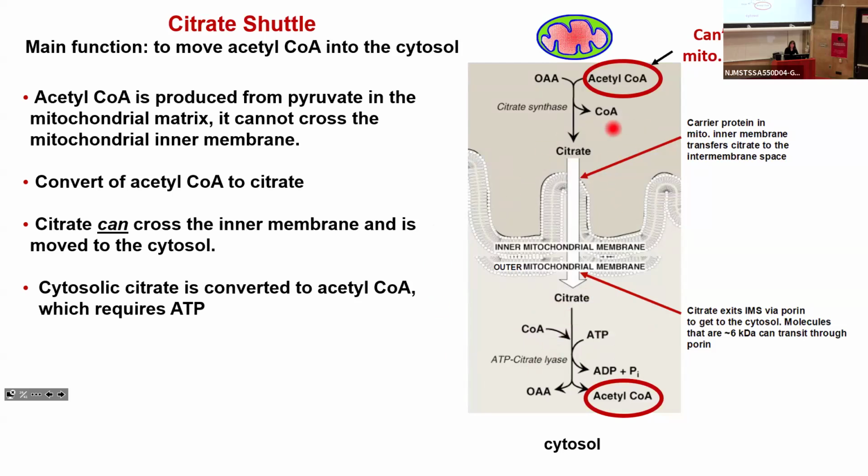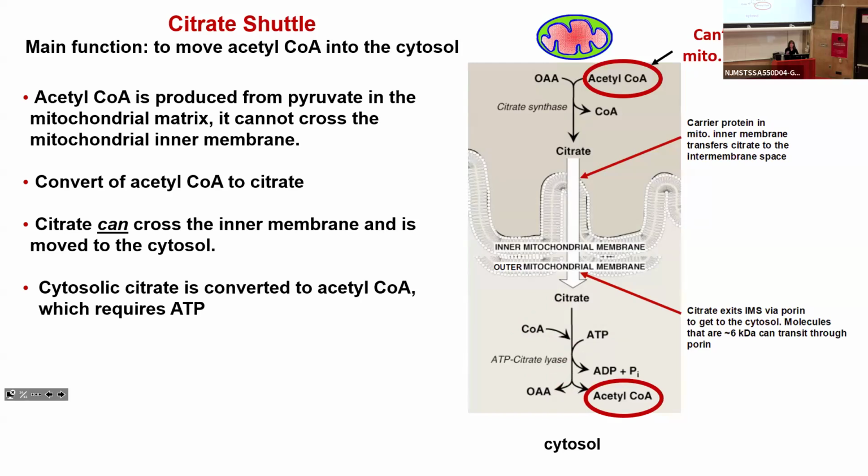You don't do this unless you really have a lot of acetyl-CoA around in order to make fatty acids, right? Because you'll see that this is an ATP-dependent process in order to do this conversion here, and also for fatty acid synthesis, as you'll see in a moment. It's an ATP requiring process. So you don't want to do this unless you really have a lot of ATP around.